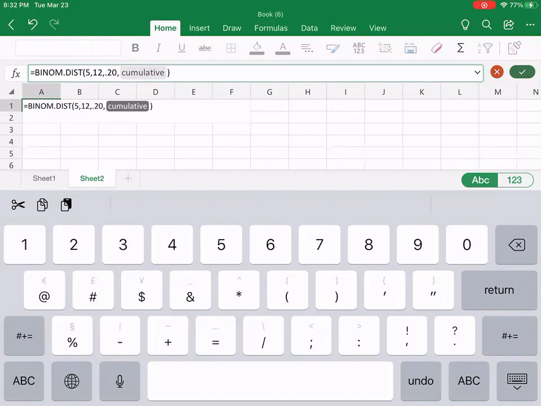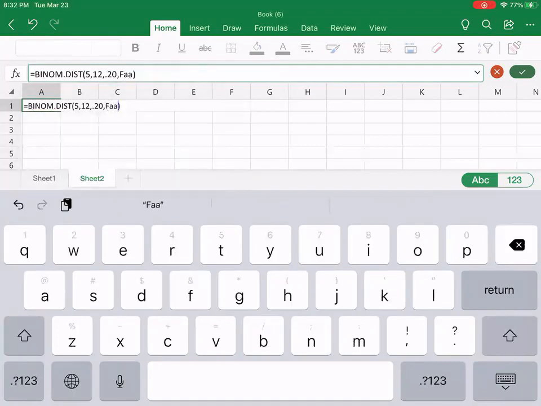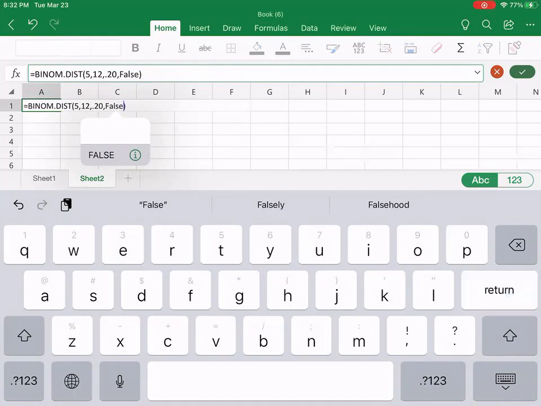Here, we want to know exactly 5. So when we talk about the word exactly, or equal, our cumulative needs to be set to false. So I'm going to type in the word false here, and this is going to calculate the value at exactly 5.